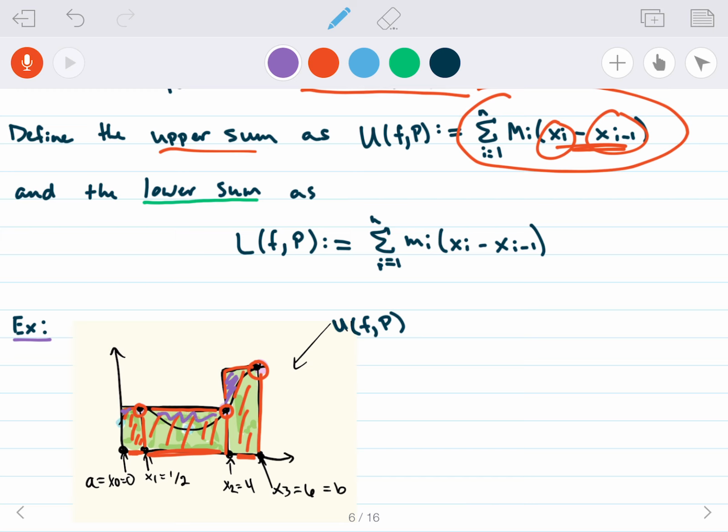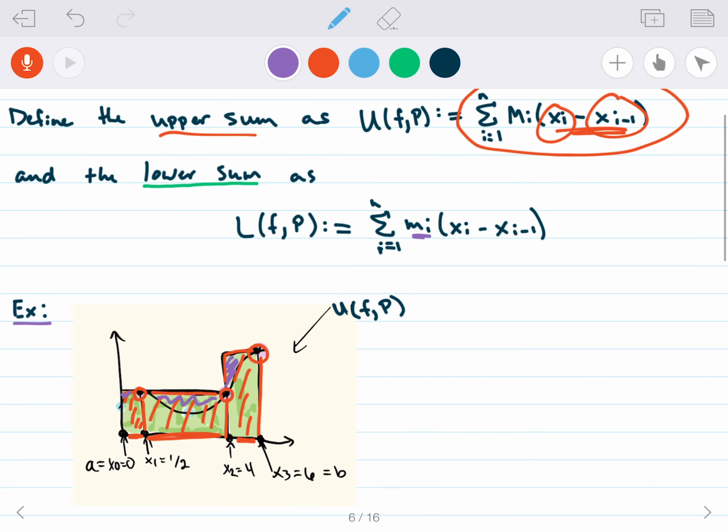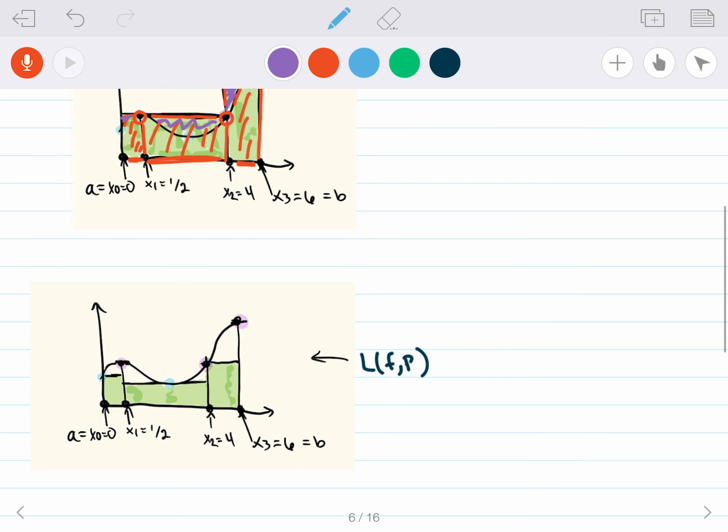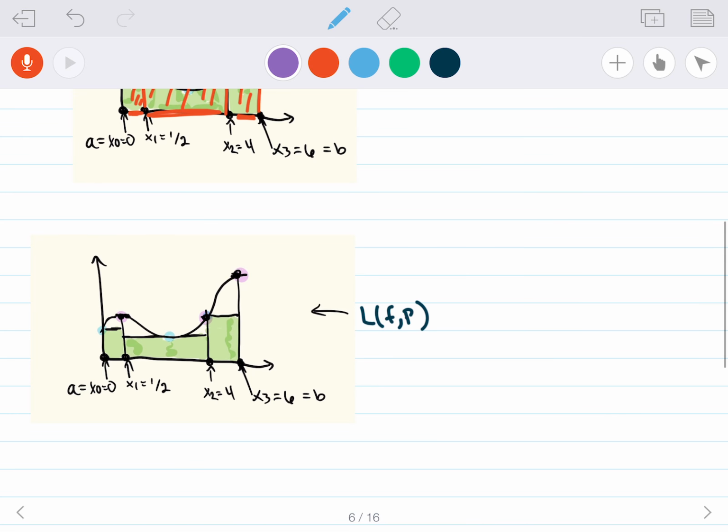So the lower sum is just what you think it is. Instead of looking at the supremum on a subinterval, we're looking at the infimum. So we're computing rectangles that are completely contained in the curve, but it's a lower estimate, so we're actually underestimating, as you can see here.